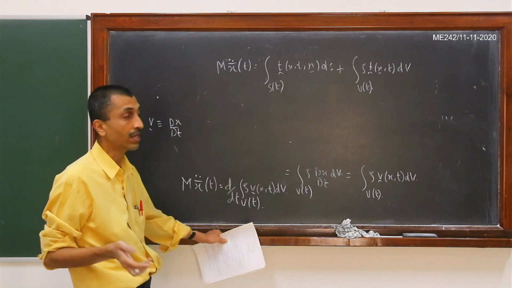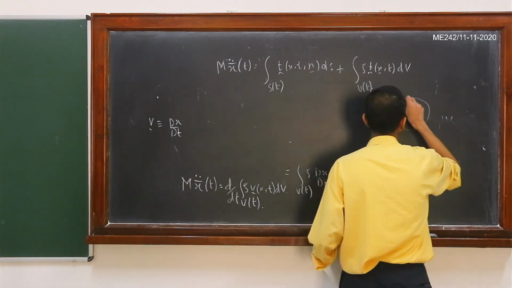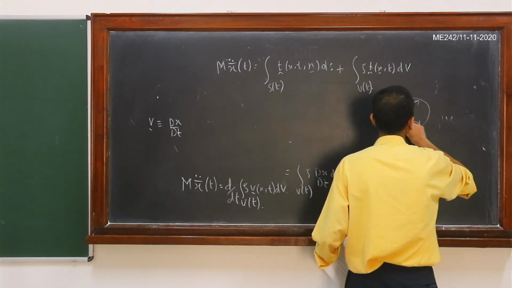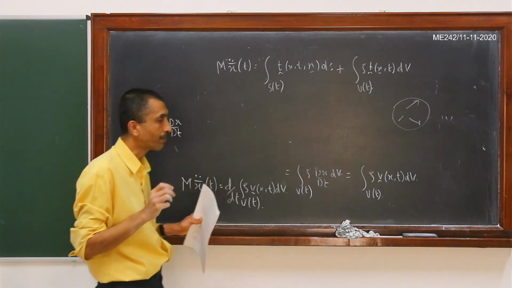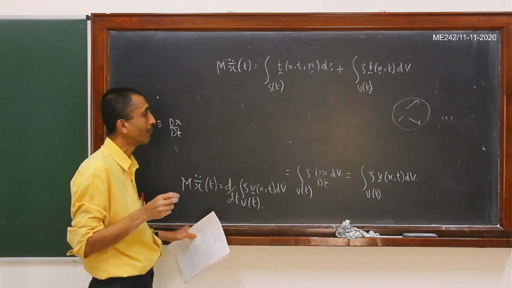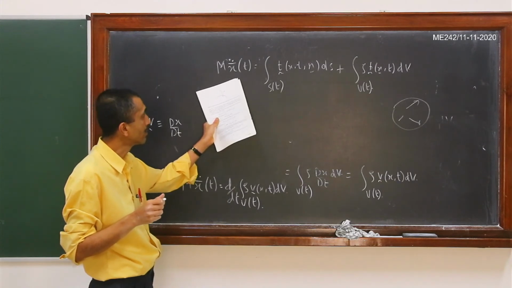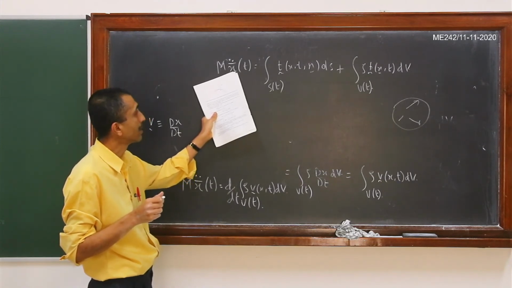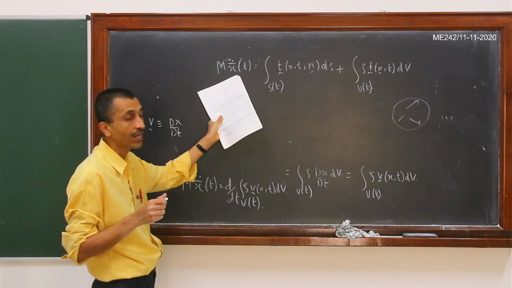Each point within the material volume will have a different acceleration. So we need to be precise about which acceleration we are talking about, and this result says that the sum of the forces is equal to the mass times the acceleration of the center of mass.